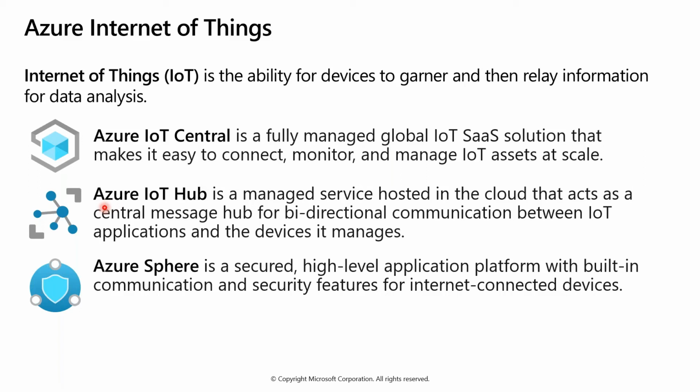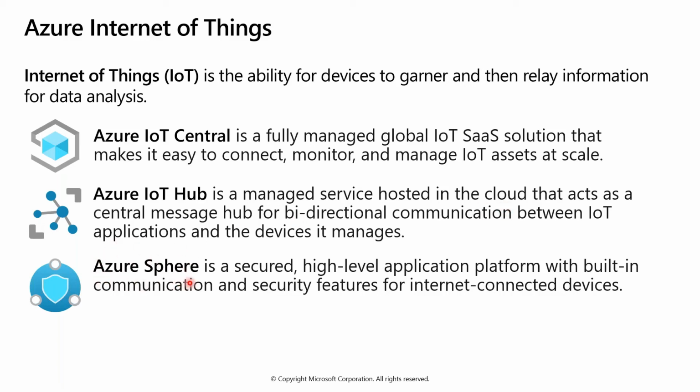Then comes your Azure IoT Hub. This is a managed service hosted in the cloud, and it is a PaaS service where you create devices, and then maybe you connect your Raspberry Pi or different IoT devices to that IoT Hub. Once you have that data connected to your IoT Hub, you will have bi-directional communication between your IoT application and the devices that it manages.